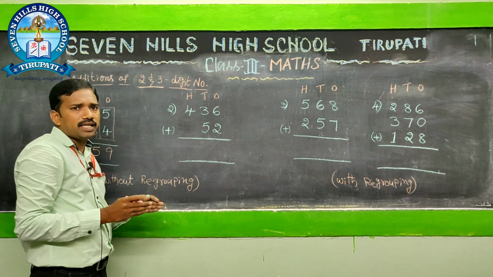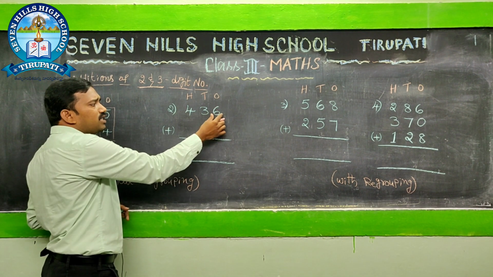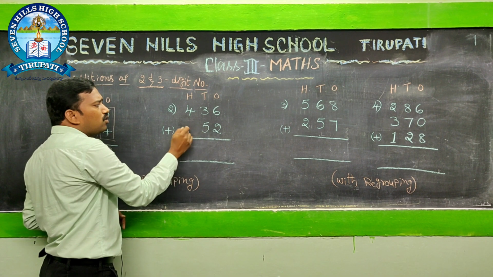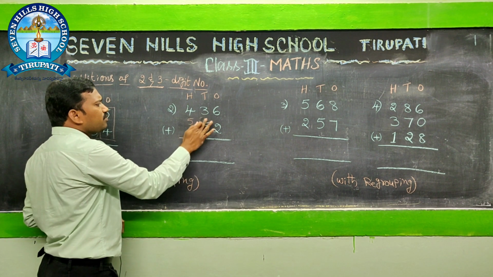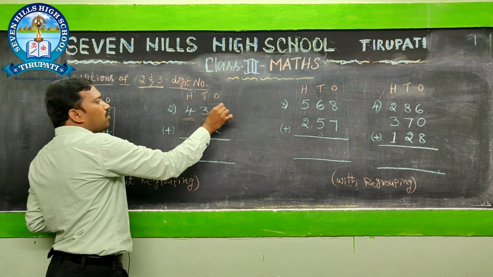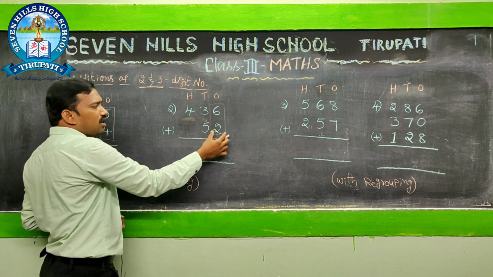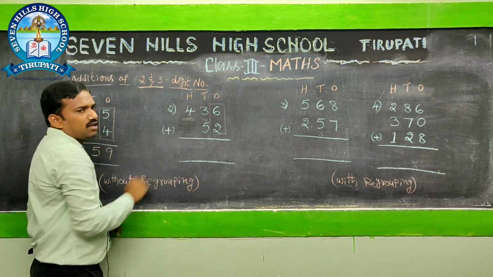You have to write ones digit in the ones column only, tens digits in the tens place only. Don't write like this. First we add only the ones column, after that the tens column, after that the hundreds column.